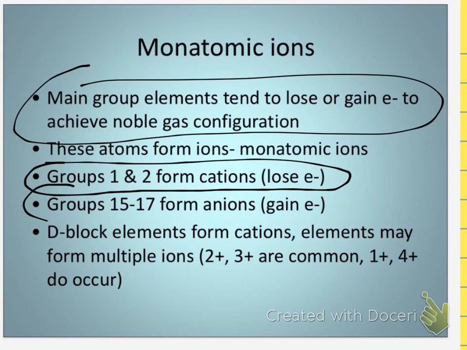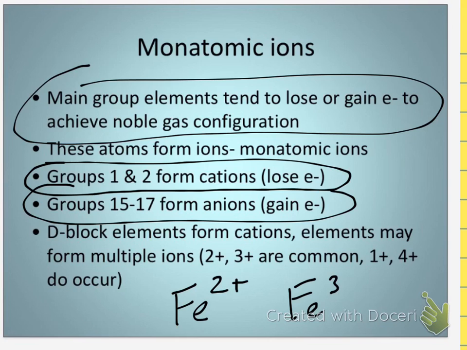Group 15 through 17 gain. And the D block, remember how I keep saying the D block is weird? Let me say that again, the D block is weird. They do form cations, they always form cations, so this is transition metals, but a lot of them will form multiple cations. So iron can form Fe2+ or Fe3+.